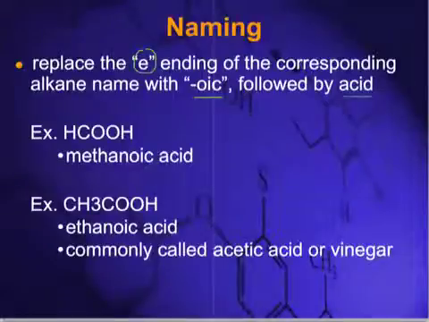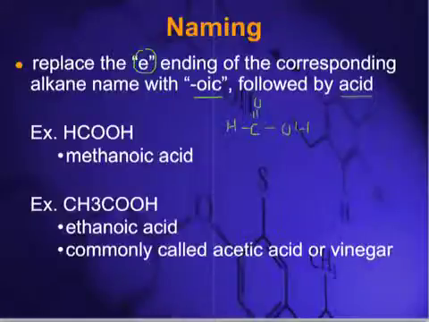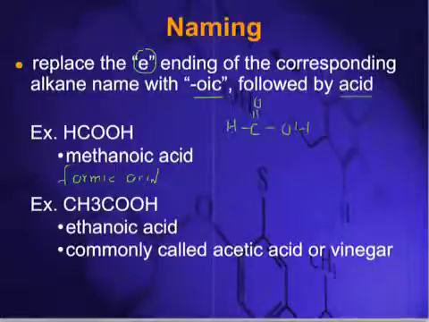and the word acid. Therefore, the most simple carboxylic acid is methanoic acid, which is merely C double bond O with an OH. And to complete the octet for a carbon, we add 1 H. This is also known as formic acid, which is the venom in red fire ants that they inject into their prey.